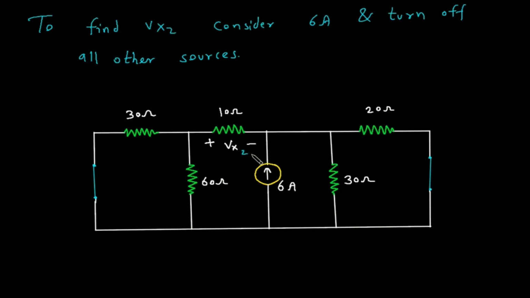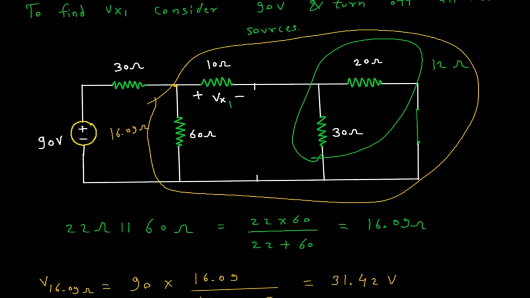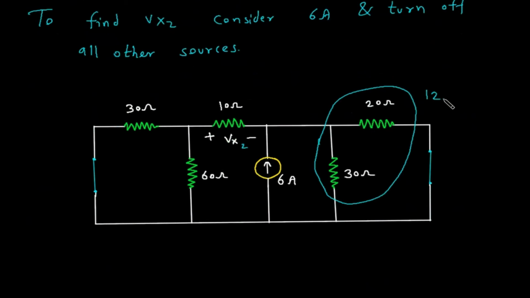This will be Vx2. So as we can see that this 30 ohm parallel with 20 ohm. So this will be 30 ohm parallel with 20 ohm will be 12 ohm. Also this 30 ohm parallel with this 60 ohm.